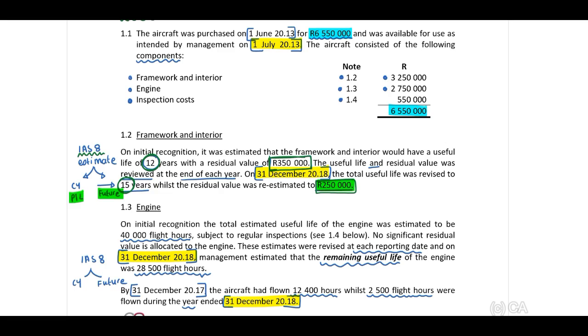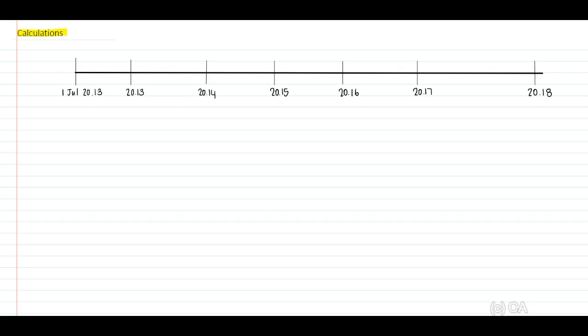Therefore, guys, on my timeline, I have indicated that my initial purchase date, remember, June. However, I need to depreciate from 1 July 2013. Therefore, in terms of my framework, I know the cost is 325,000.